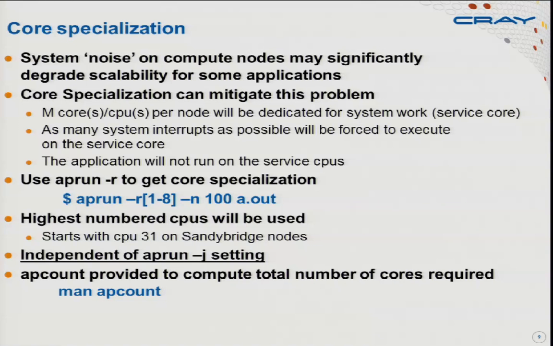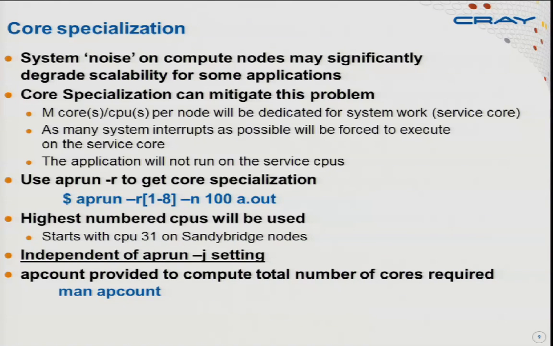Conversely, the application will not run on the service CPUs. The way to get that is to use the apprun -r option. You can do man apprun and read it for yourself. Use the -r option to get core specialization. Normally on the XE with Magny-Cours and Interlagos, people only did R1, but we'll see in just a second, R1 is not your only choice.